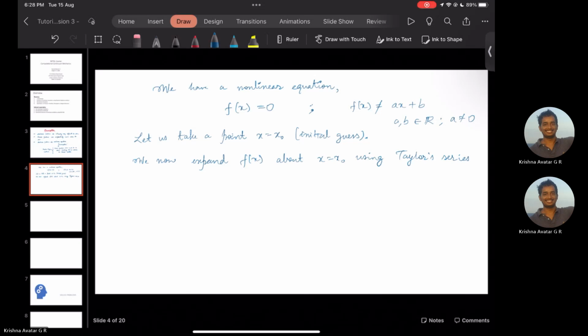As you may recall from the undergrad years, any function f can be expressed in terms of Taylor series as f of x naught plus the first derivative df by dx at x equal to x naught, times x minus x naught, plus half, and x minus x naught whole square.